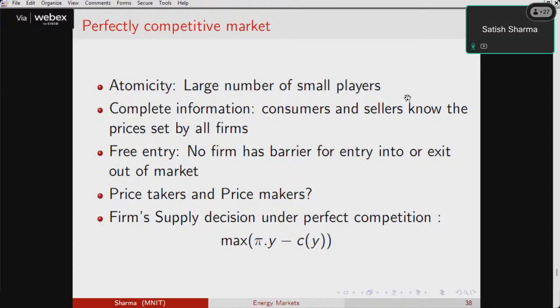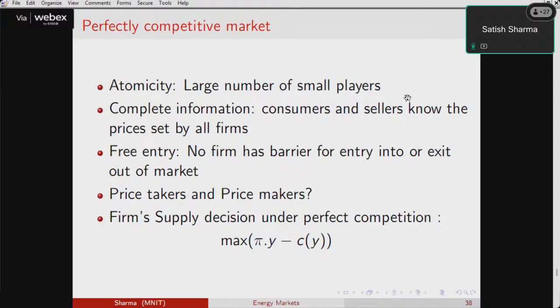Now, in a perfectly competitive market, the firm, whether it is a buyer or a seller, can be of two types: price takers or price makers. In a perfectly competitive market, everybody will be a price taker.